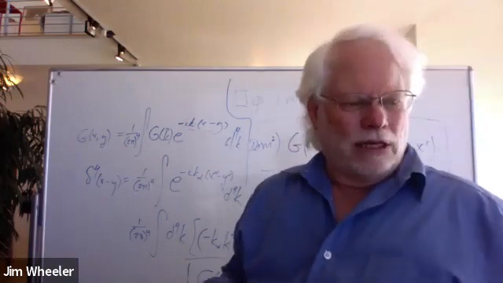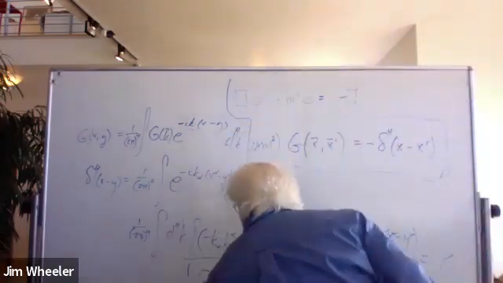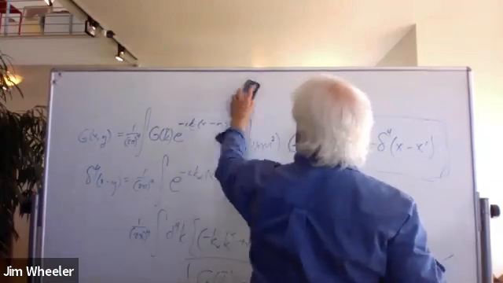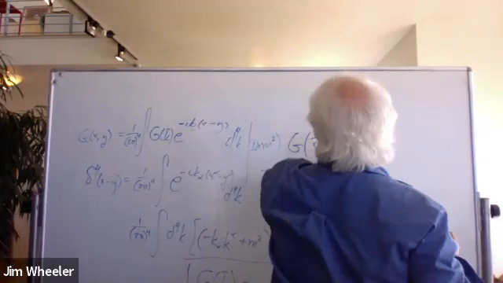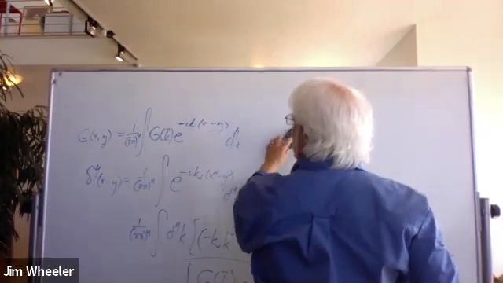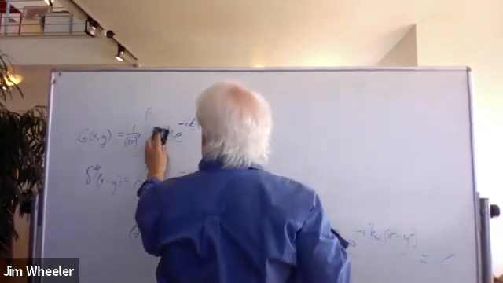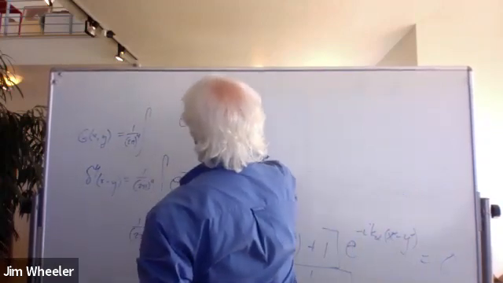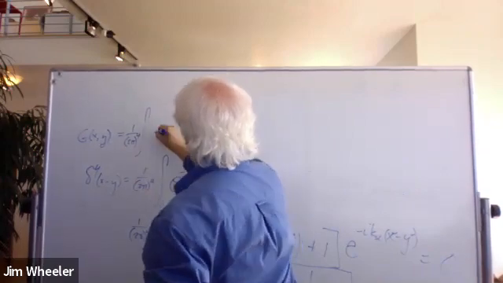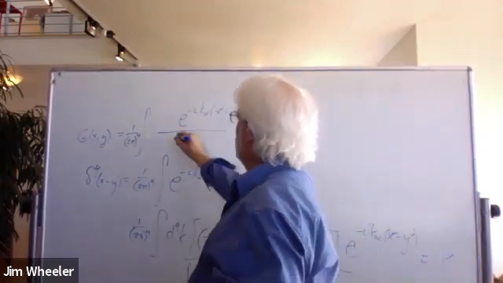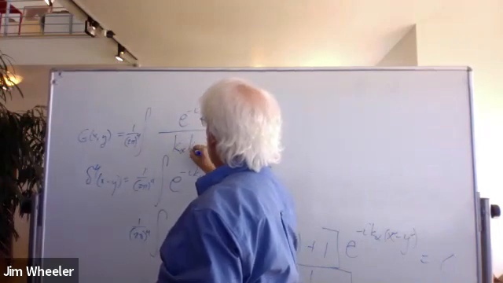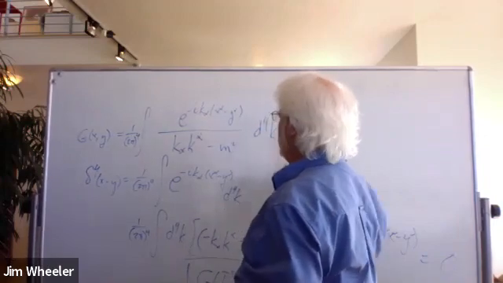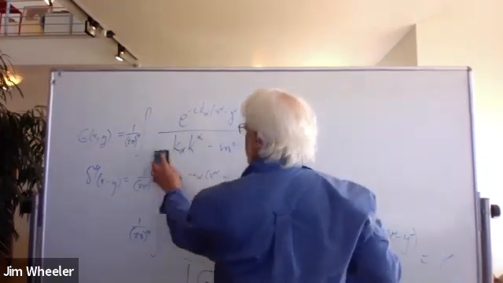Now, transforming back, we can immediately write g, getting some of the stuff out of the way. So now e to the minus I k alpha x alpha minus y alpha over k alpha minus m squared d4k. So there's the answer.